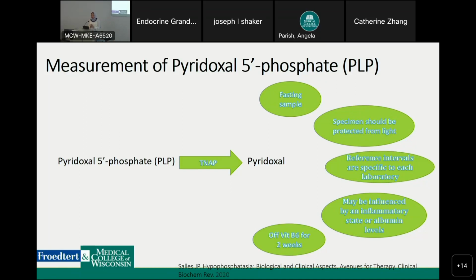For measuring PLP, we should have a fasting sample. The specimen should be protected from light, and the reference interval is again specific to each lab, and it might be influenced by the albumin level because the PLP is bound to albumin, and patients should be off vitamin B6 for about 2 weeks.